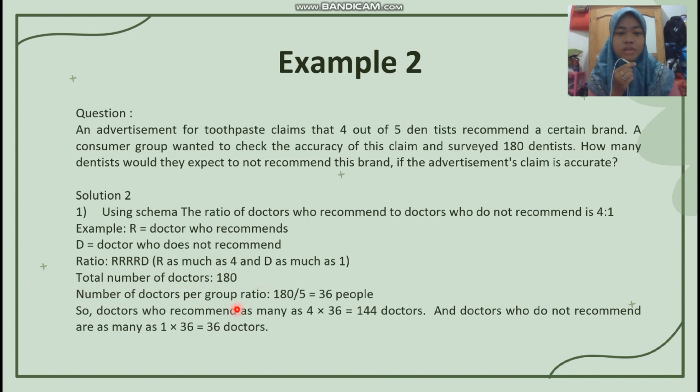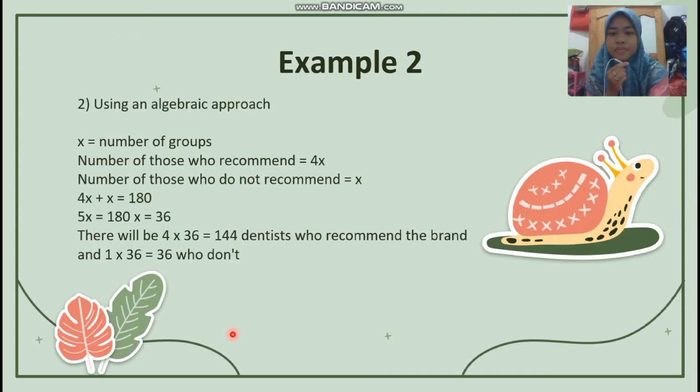The number of doctors per group ratio is 180 divided by 5 equals 36. So doctors who recommend are 4 times 36 equals 144 doctors, and doctors who do not recommend are 1 times 36 equals 36 doctors.